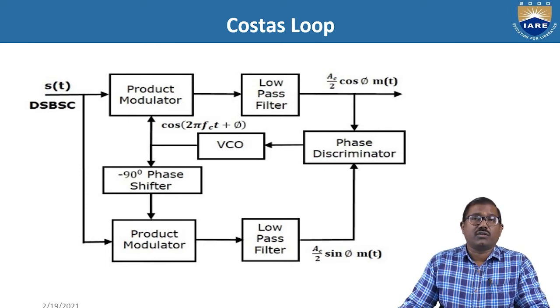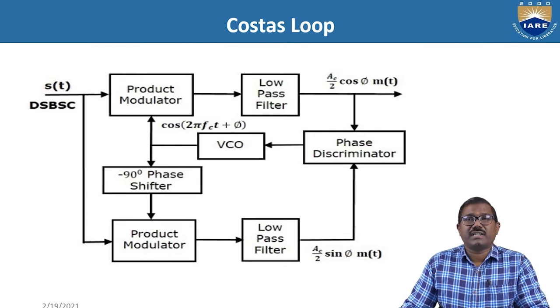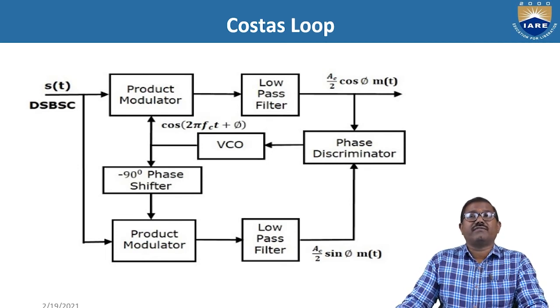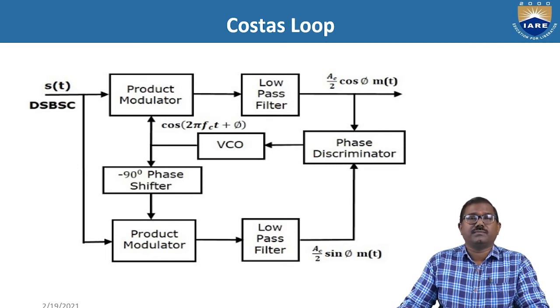These two channels we can call the in-phase channel and the quadrature channel. We also have a VCO, a phase discriminator, low pass filters, and a phase shifter. VCO is voltage controlled oscillator. So this is the block diagram of the Costas loop.